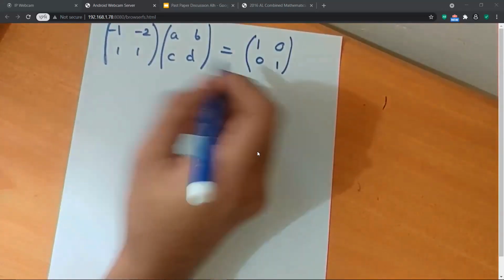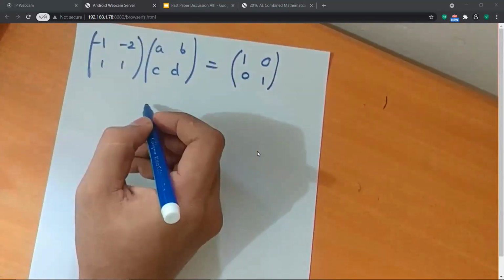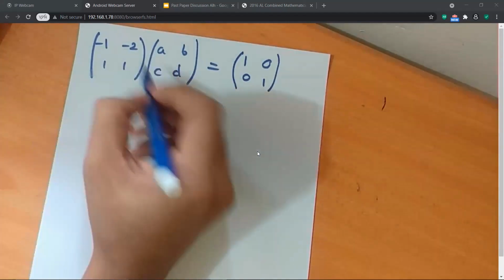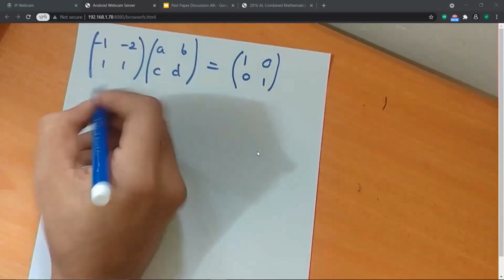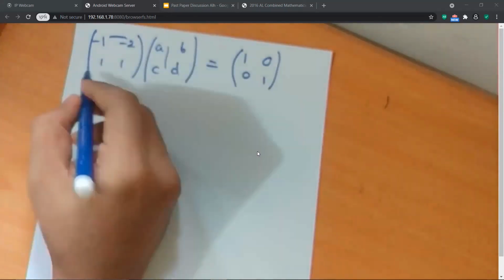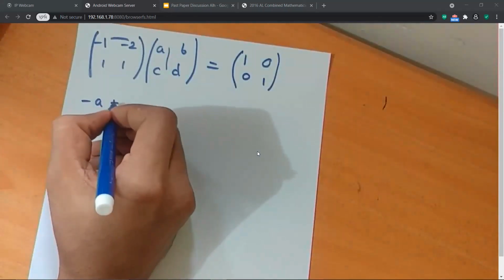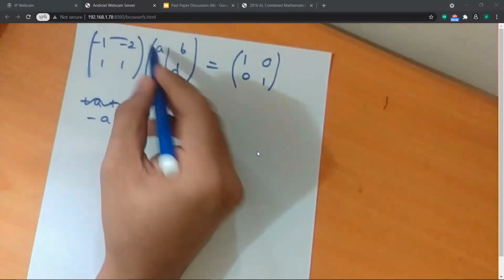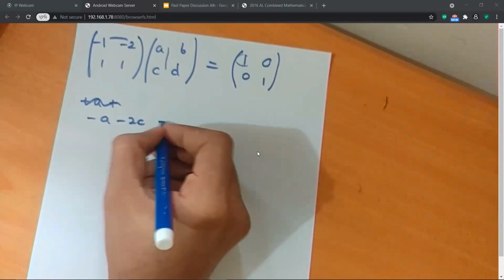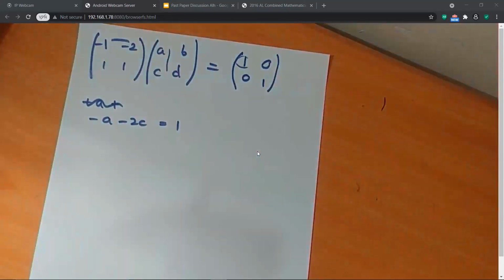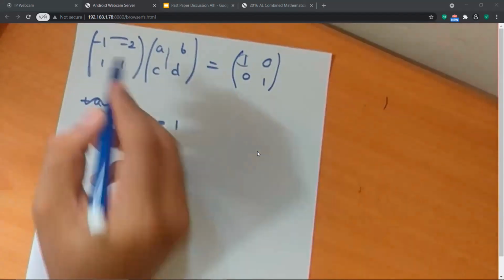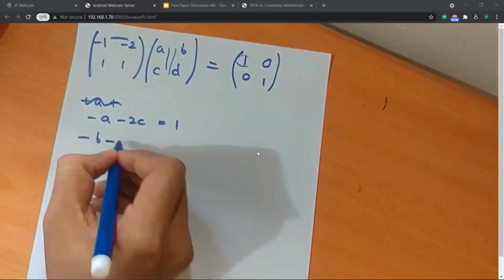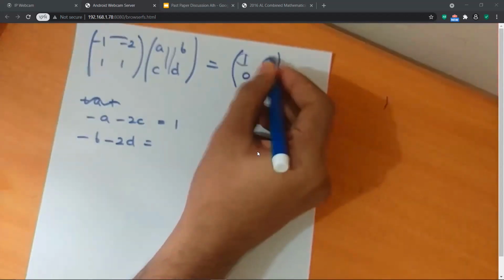You can use the same thing we used before: multiply. So -1 times A is this multiplied by this, okay? Minus A minus 2C gives you this value, which is equal to 1. Equation number 1. Next is -1 into this: minus B minus 2D gives this value, equal to 0.